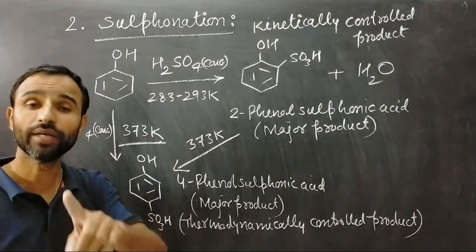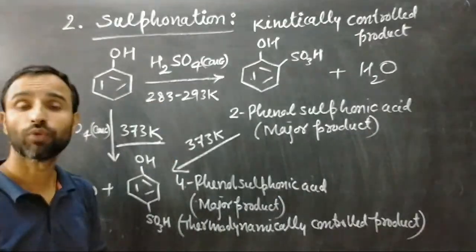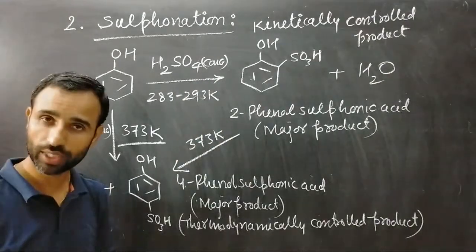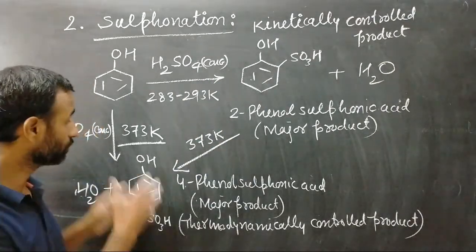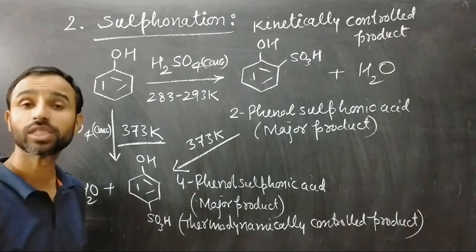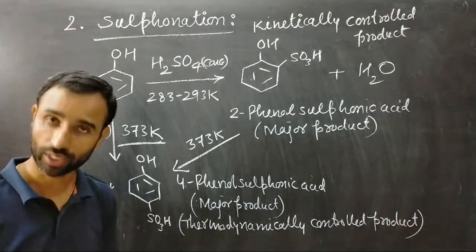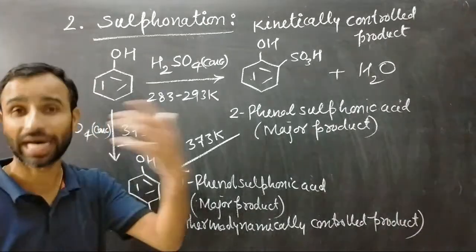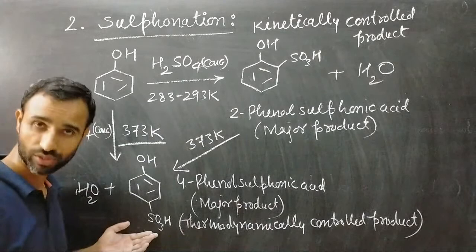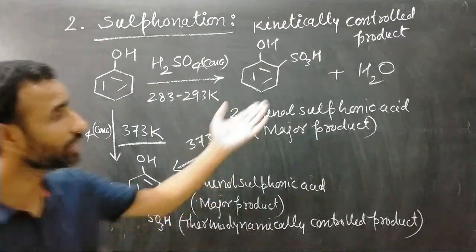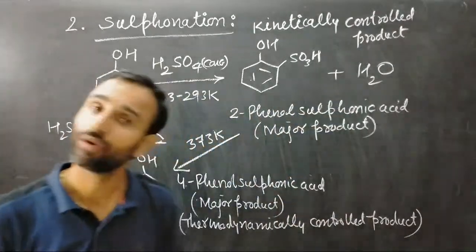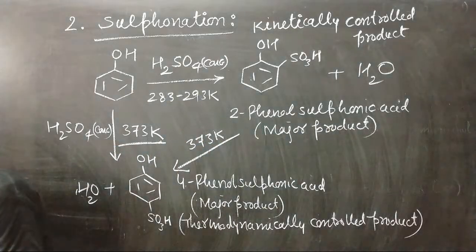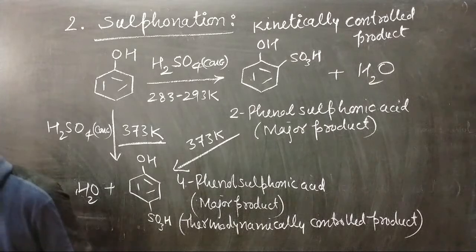So keep in mind, any product which is formed at low temperature is a kinetically controlled product, and any product which is formed at high temperature is a thermodynamically controlled product. That means this product is more stable, because at high temperature it survives, while the other survives at low temperature. Okay? So this is about sulfonation.